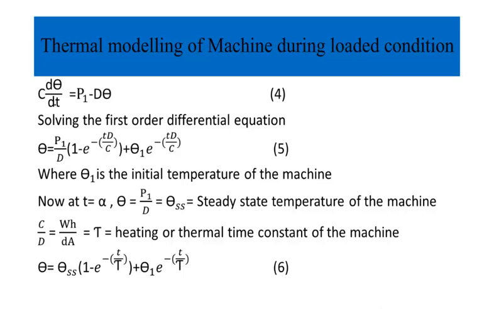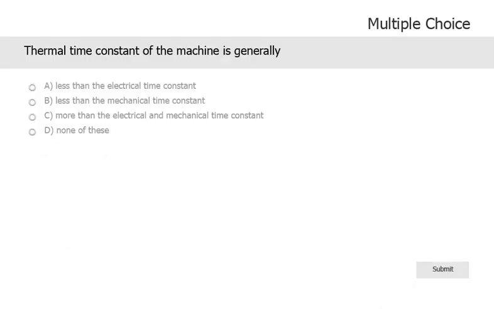This equation number 6 will give the temperature of the machine based on the operation duration of the machine. If the machine is operated for some duration of time t, it will give the temperature of the machine after that time. Equation number 6 is valid only for loading condition.